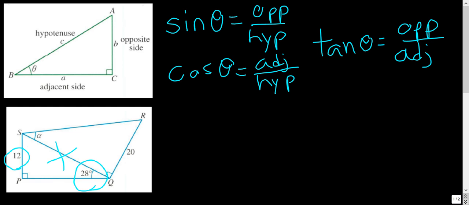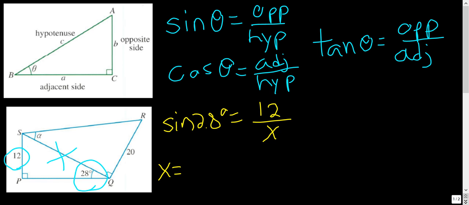So I know that the sine of 28 degrees equals 12 over x, or over that hypotenuse. I can very quickly find that x equals 12 divided by the sine of 28.